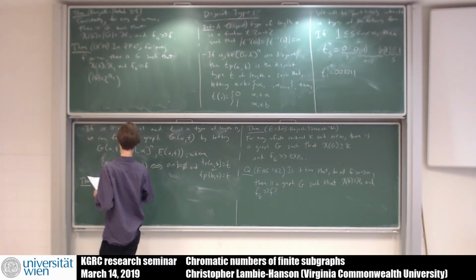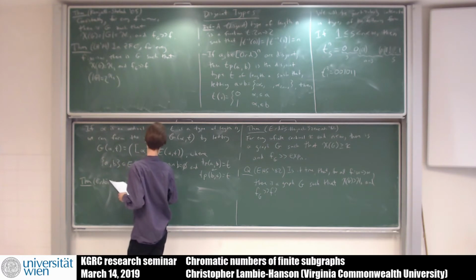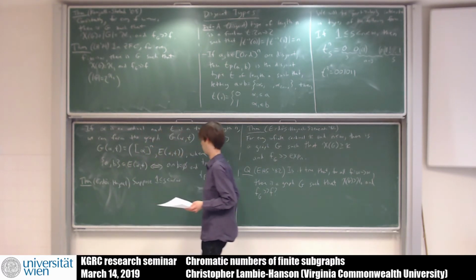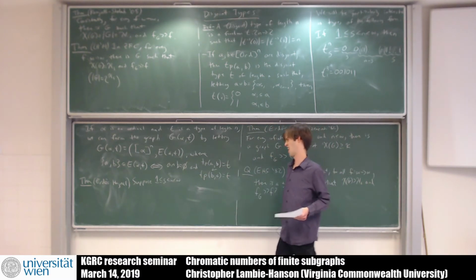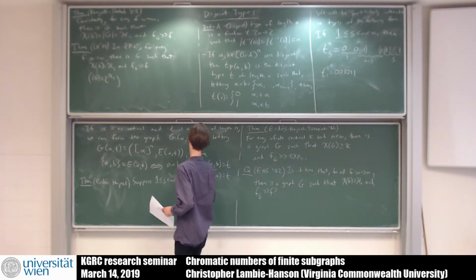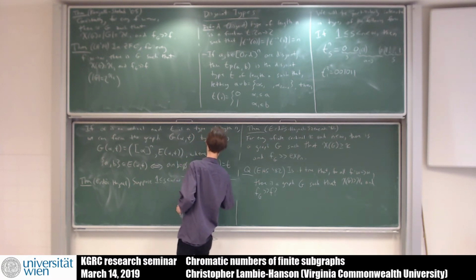So let's suppose we have two natural numbers s and n, and let's just say kappa is an infinite cardinal.